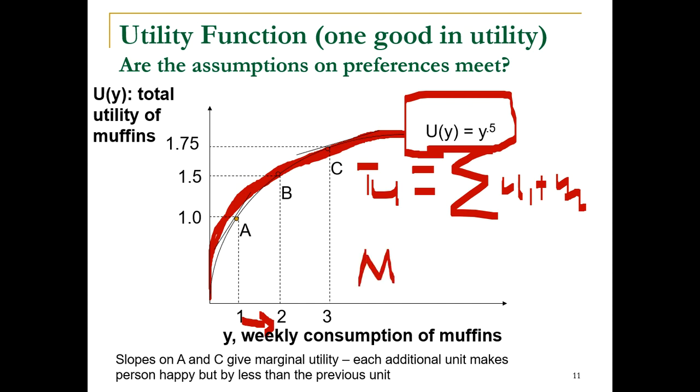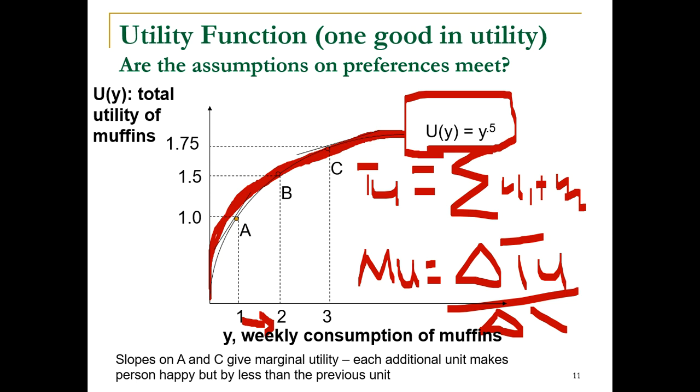So marginal utility is just the change in total utility due to a change in the consumption of this particular good. Marginal utility is the increase in total utility as a result of the increase in the level of consumption. So as you increase consumption by 1 unit, how does that affect your total utility? You call that marginal utility. So marginal utility is just the change in total utility as a result of 1 unit change in the consumption of whatever that good may be.